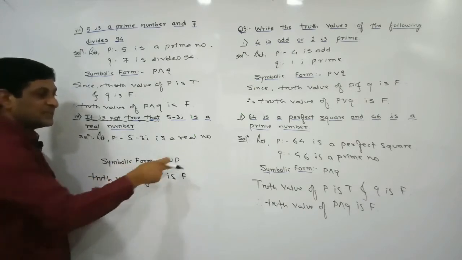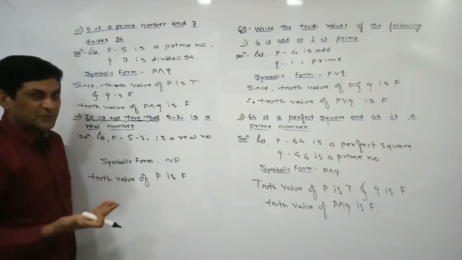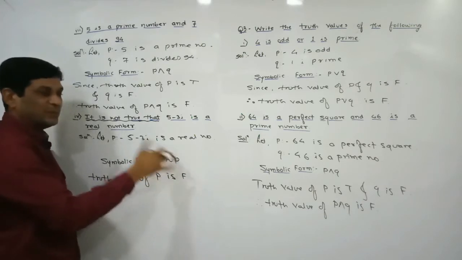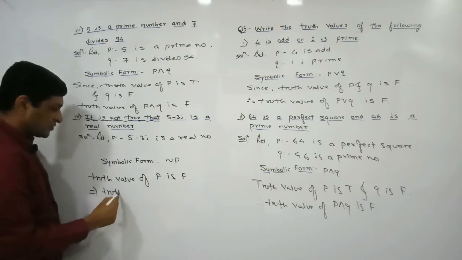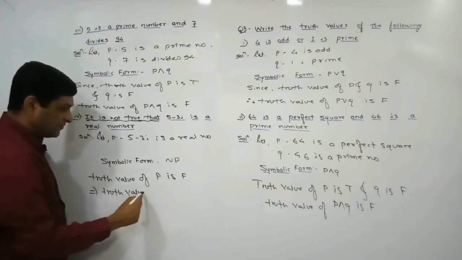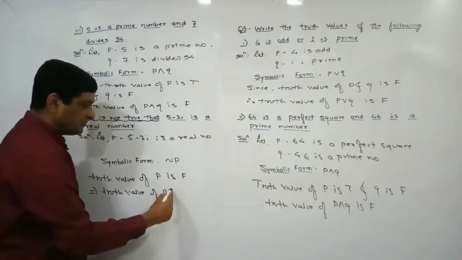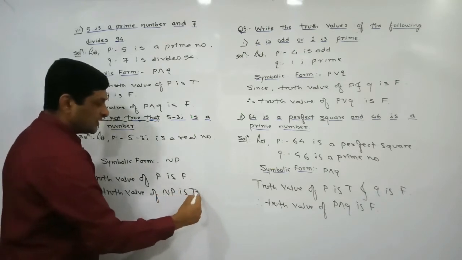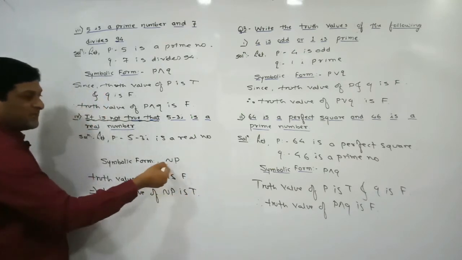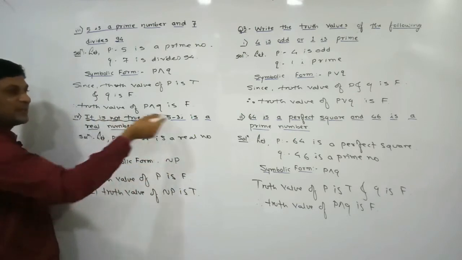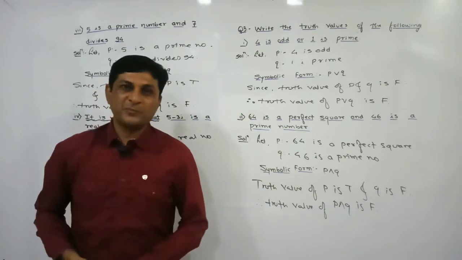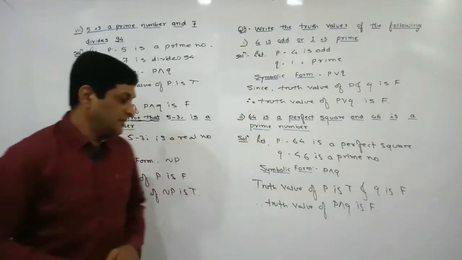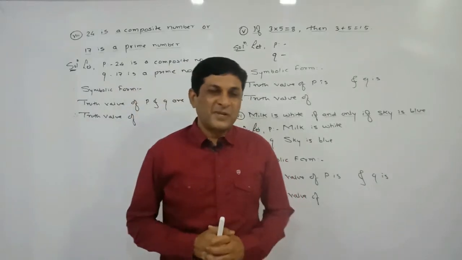If P is false, then what is the truth value of negation P? We know that the negation of false is true. So the truth value of negation P is true. Negation P is the symbolical representation of the given statement, so in short the truth value of the given statement is true.